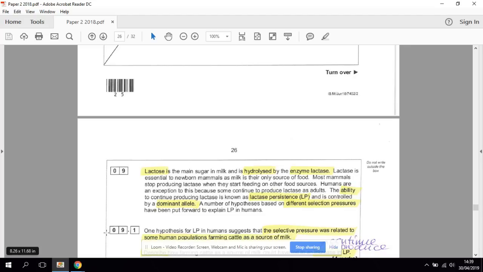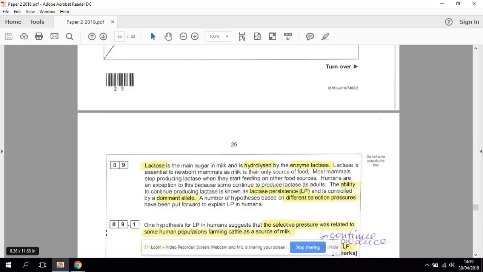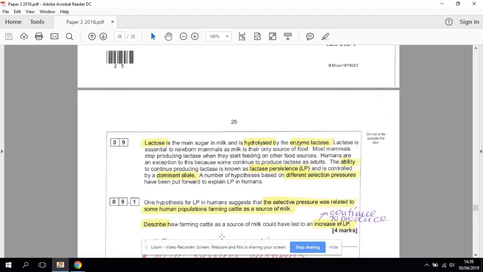That's important. A number of hypotheses based on different selection pressures have been put forward to explain this. Dominant allele, capital letter. Selection pressure will then lead to us adapting due to different selection pressures. One hypothesis for LP in humans suggests that selective pressure was related to some human populations, and describe how.